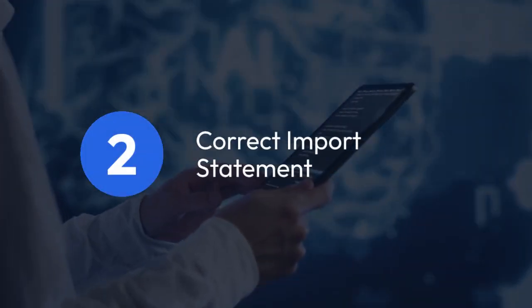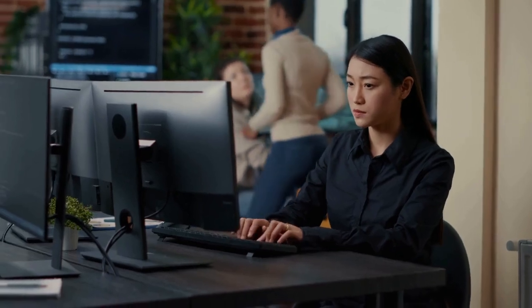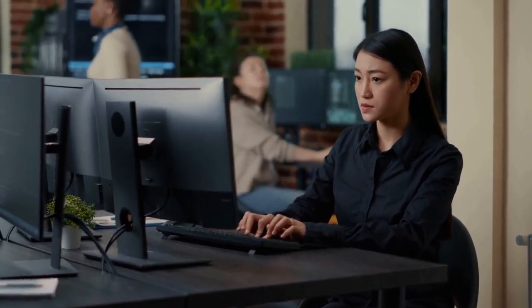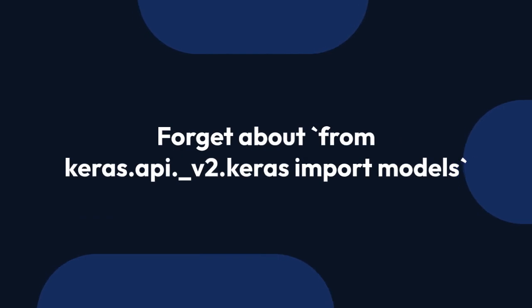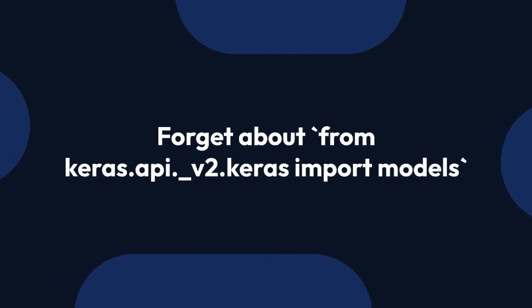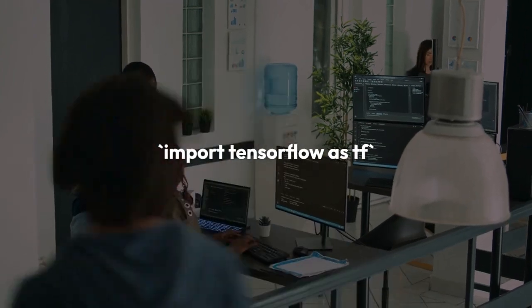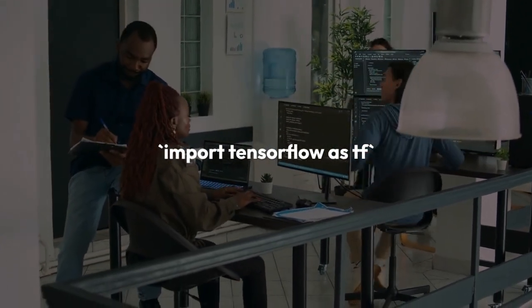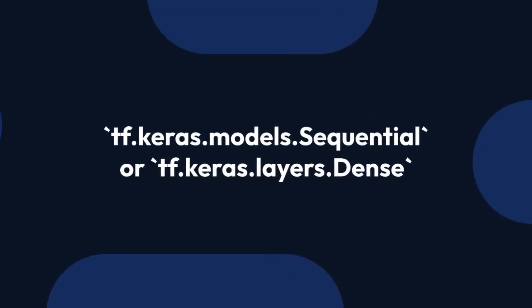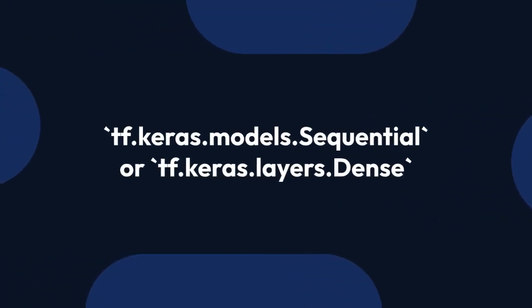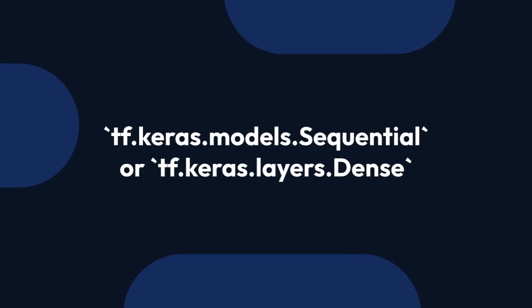2. The correct import statement. Keras is integrated into TensorFlow 2.x and later. Forget about from keras.api._v2.keras import models or similar outdated imports. The modern and correct way is to import directly from TensorFlow. Import tensorflow as tf, followed by accessing Keras functionalities like tf.keras.models.Sequential or tf.keras.layers.Dense.